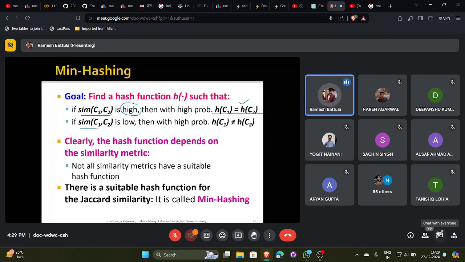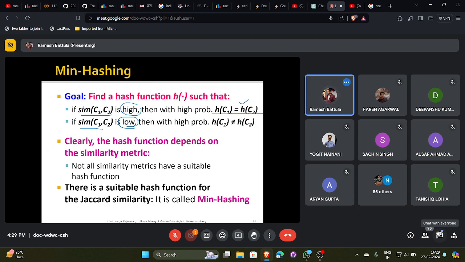If similarity is low, then h of c1 is not equal to h of c2. What we need to understand from this is that the hash functions depend on the similarity metric.